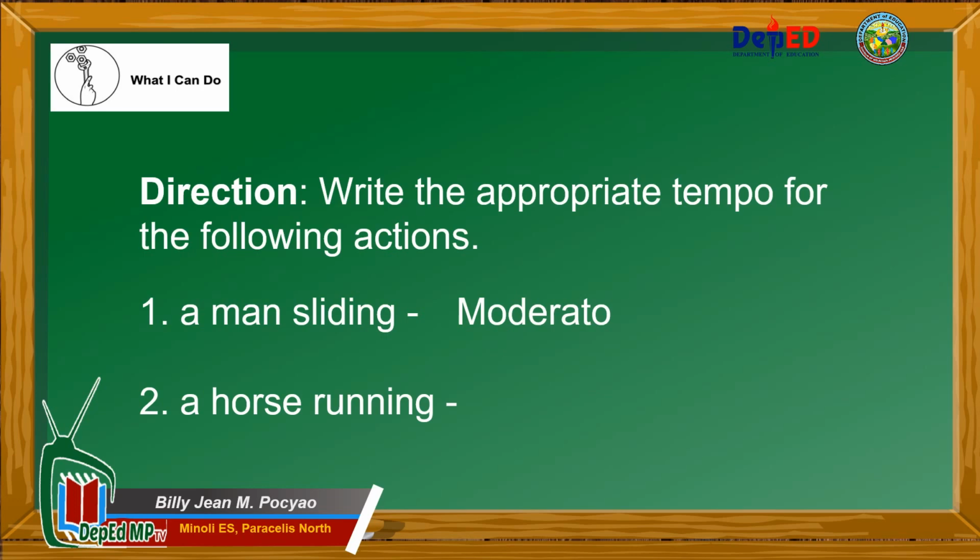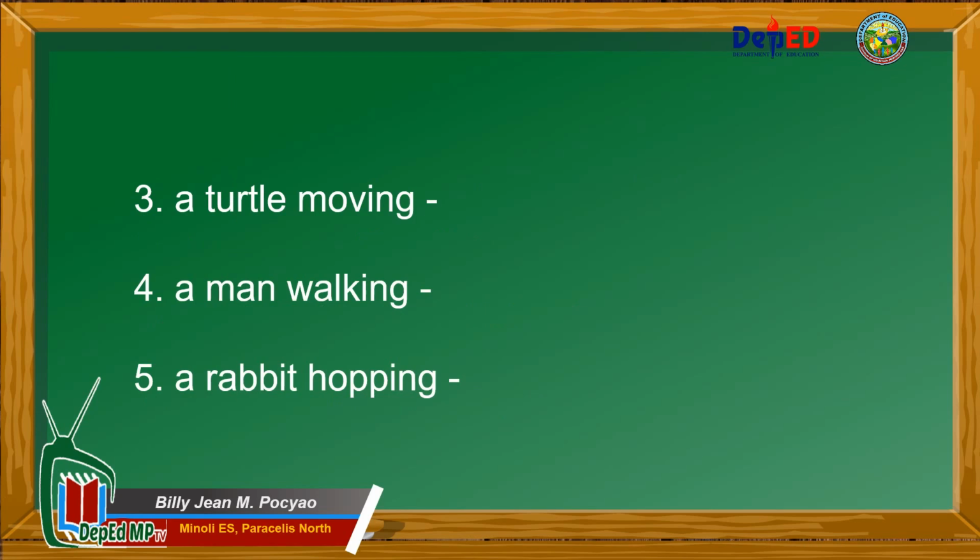Number 2. A horse running. The correct answer is presto. Number 3. A turtle moving. The correct answer is largo.